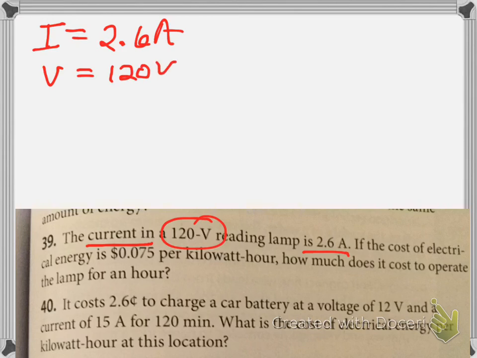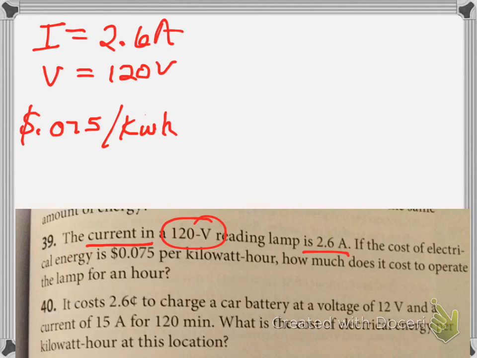The cost of electricity is 0.075, that's about 8 cents, 7.5 pennies per kilowatt hour. So $0.075 per kilowatt hour is my cost. How much does it cost to operate the lamp for 1 hour?